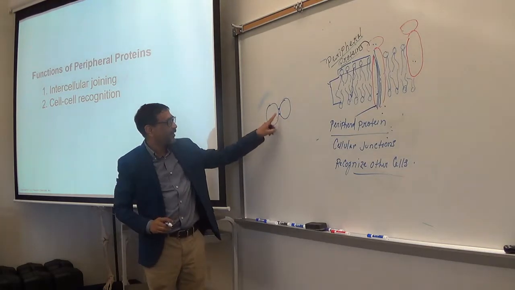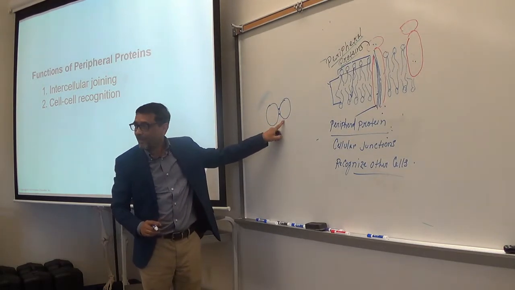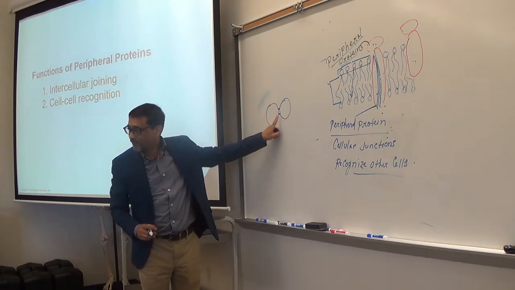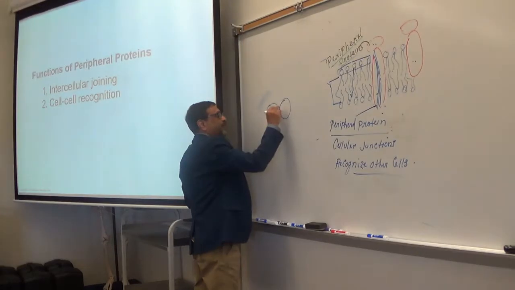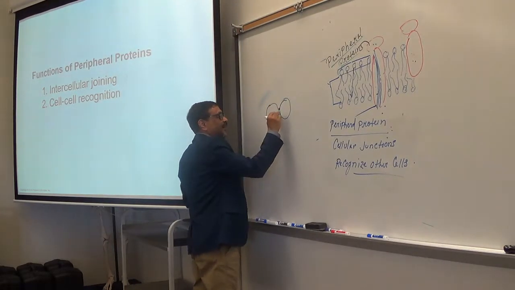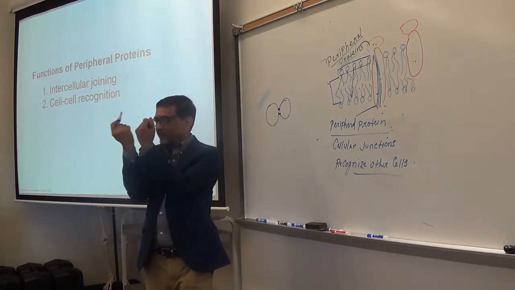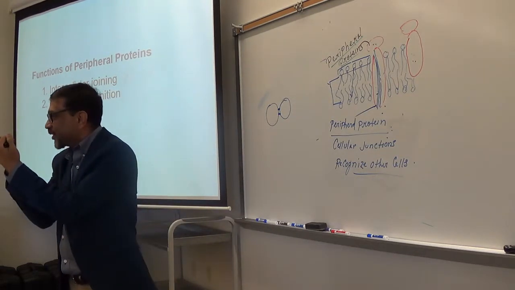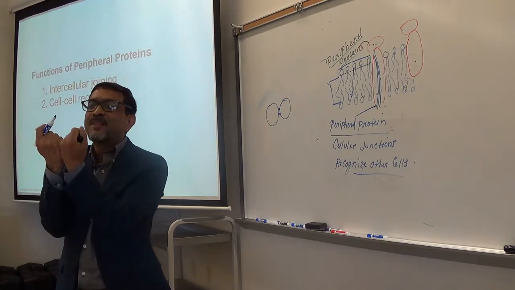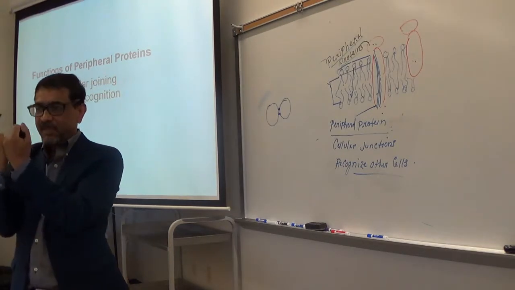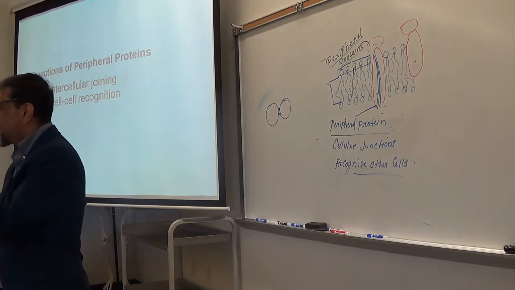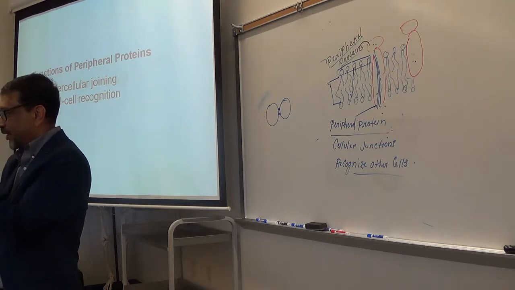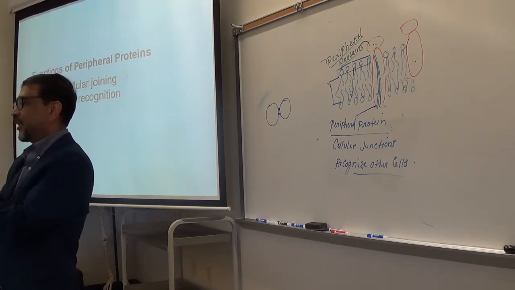So this cell membrane has peripheral proteins, this cell membrane also has what? Peripheral proteins. And you see these peripheral proteins of this cell and these peripheral proteins of this cell, they are getting what? Attached to each other. Make sense? And holding the cells, or cell membranes, tightly. Holding them together. So the cells will not easily get separated. Make sense? In the tissue, the cells will stay together.